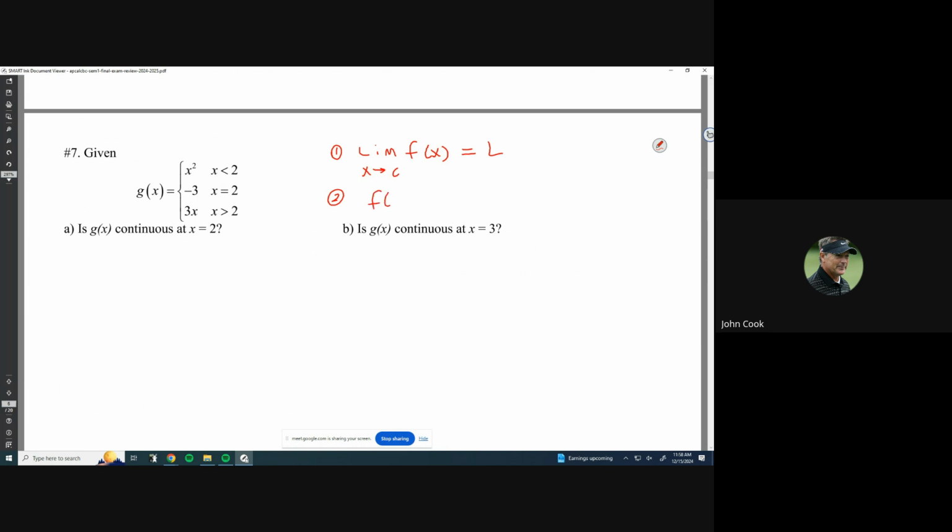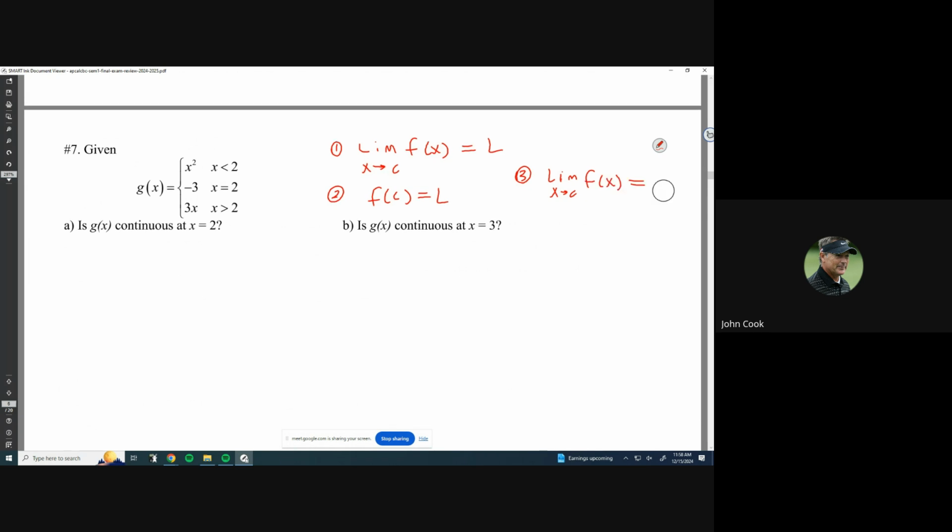So f of c has to be L. And then lastly, third one, the limit and the actual value need to be equal to each other. So if those 3 things are true, you've got continuity at a point.